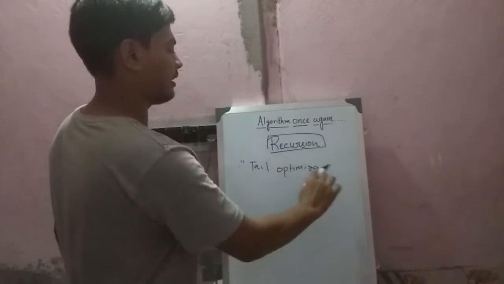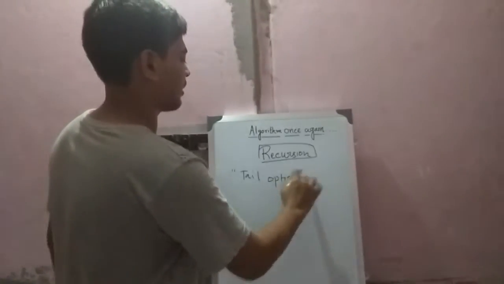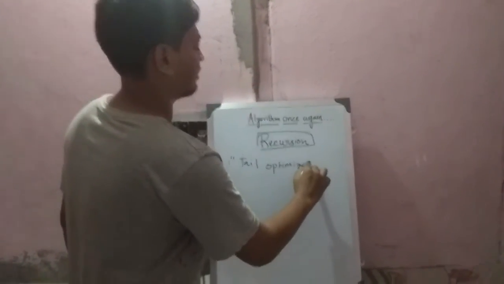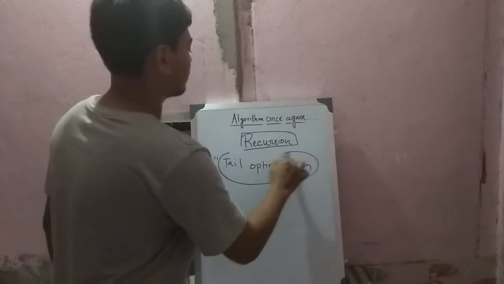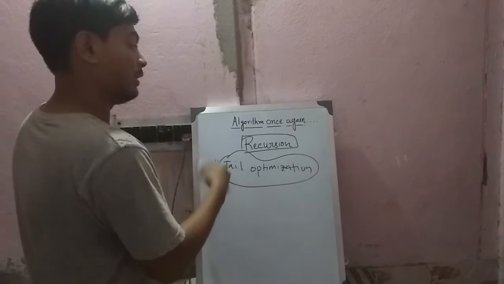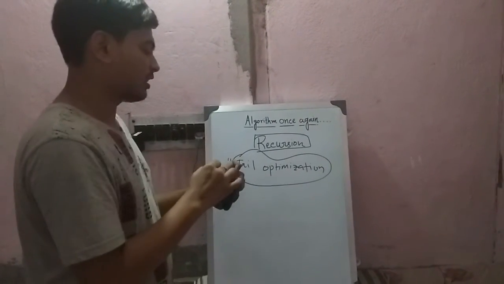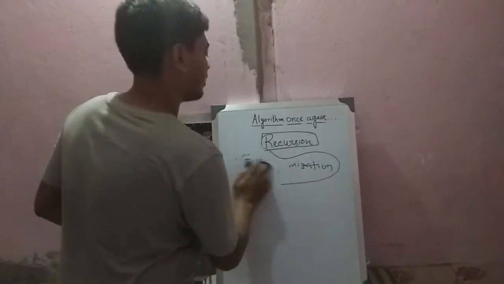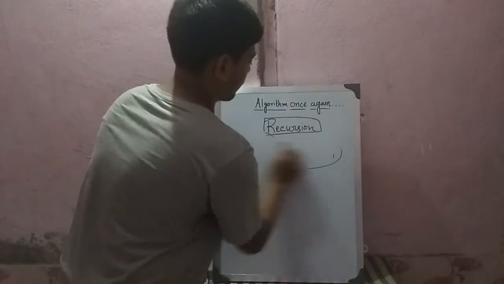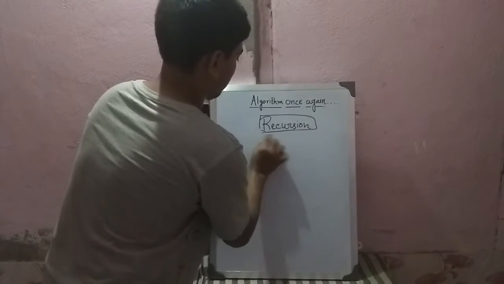But at first, let me say this: recursion can use a tail optimization kind of approach, and by using this we can make recursion better than iteration. I will discuss tail optimization later.